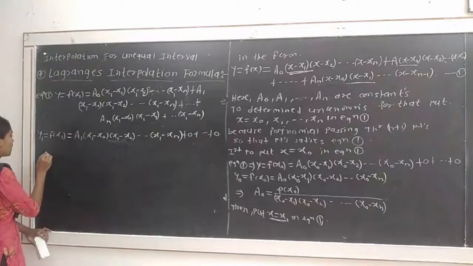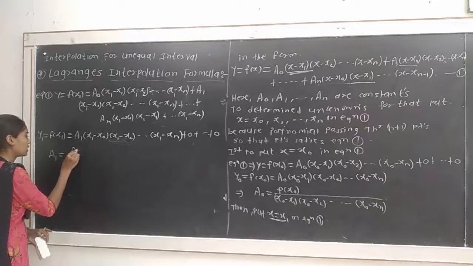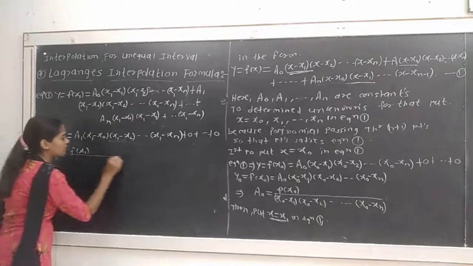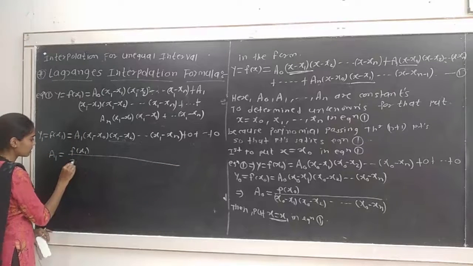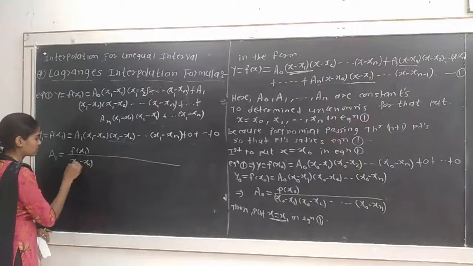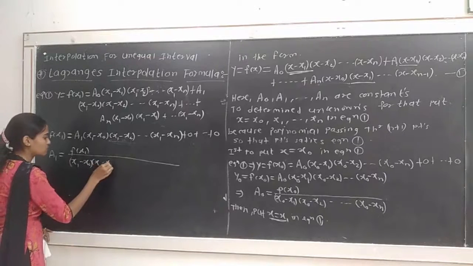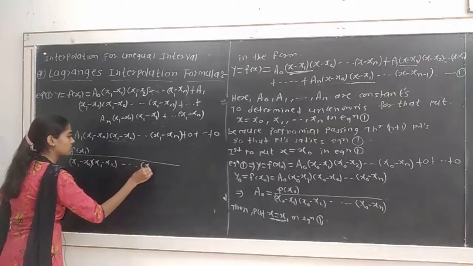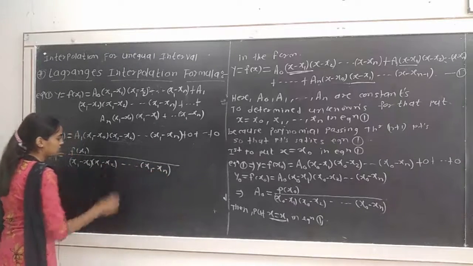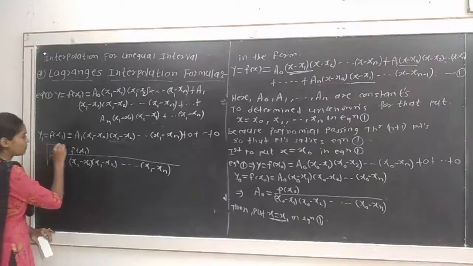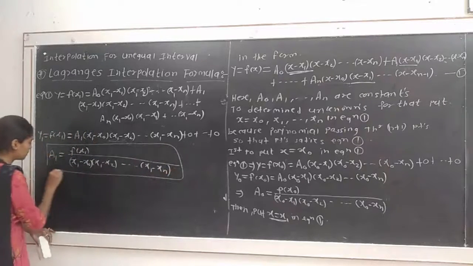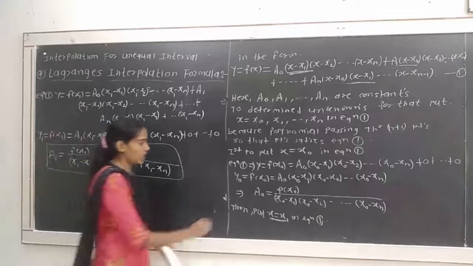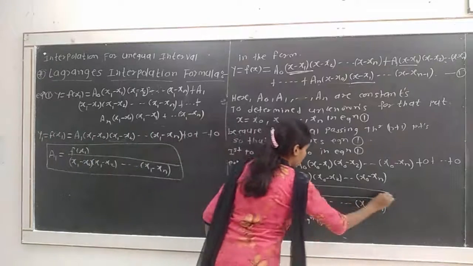So from that we get the value of a1. a1 is equal to f of x1 divided by x1 minus x0, x1 minus x2, up to x1 minus xn. So in this way we get the value of a1, and earlier we found the value of a0.